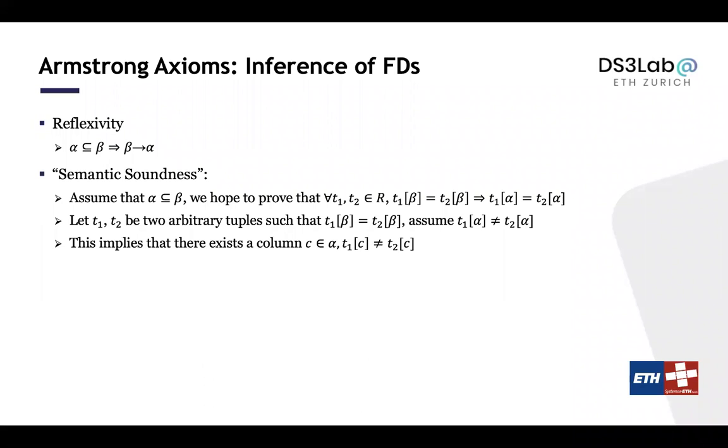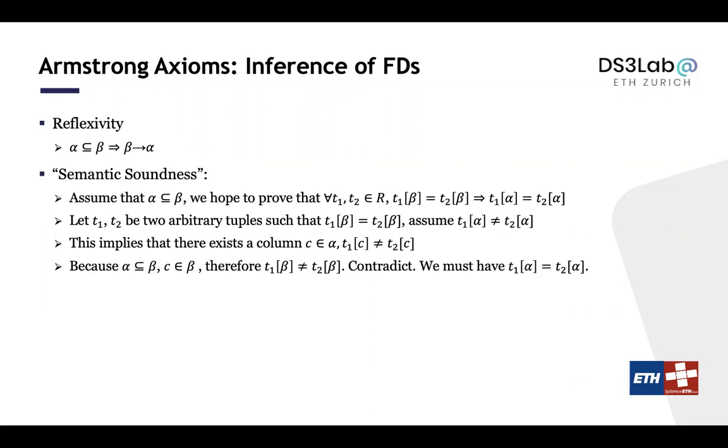This actually implies there exists a column C on which T1 and T2 mismatch, because C is an element drawn from alpha, and that always exists. And because alpha is a subset of beta, C also belongs to beta. Therefore, we know T1 and T2 cannot match on beta. That contradicts our assumption. We must have T1 and T2 match on alpha.